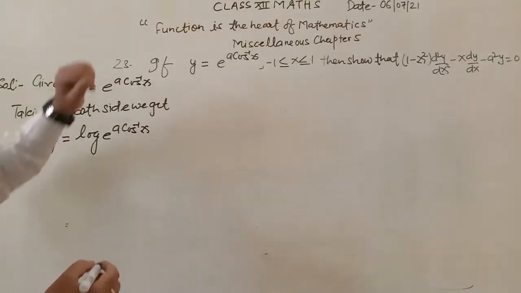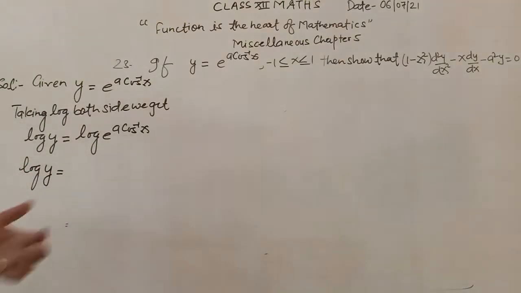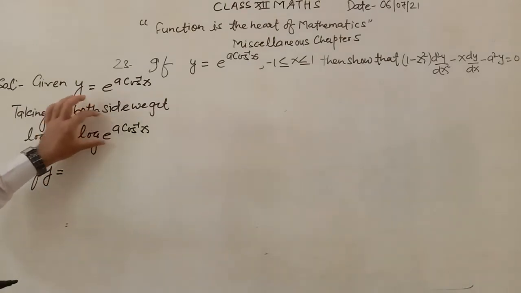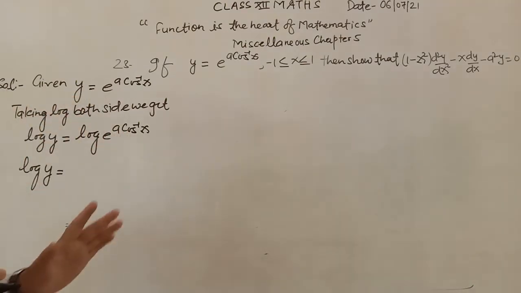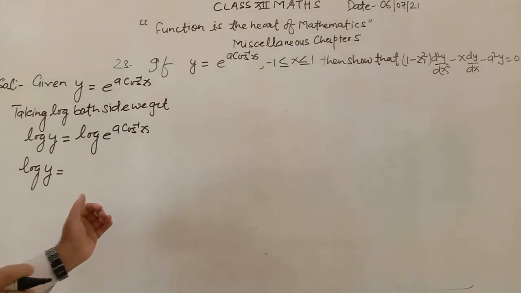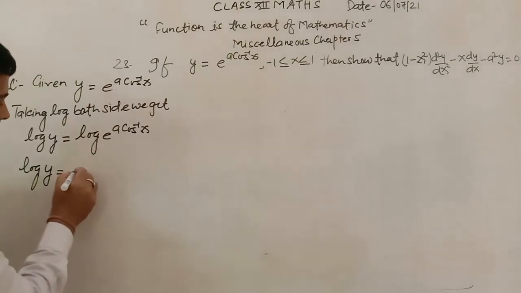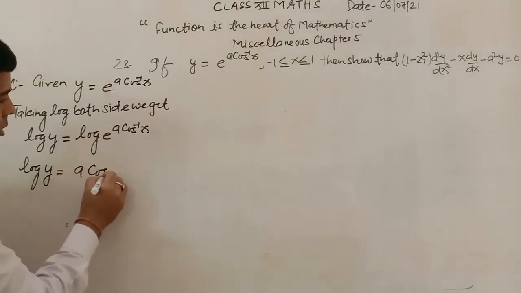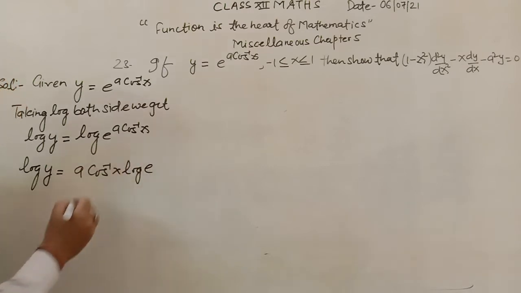Here this can be written as log y. You know that this is in the form of log m to the power n, which can be written as n log m. So it is a cos inverse x log e.